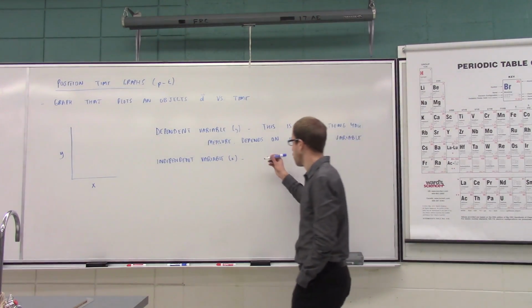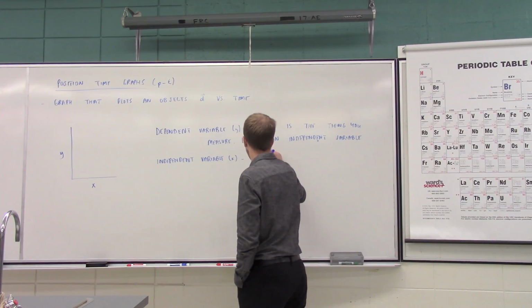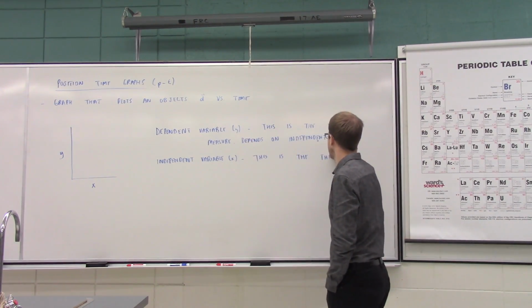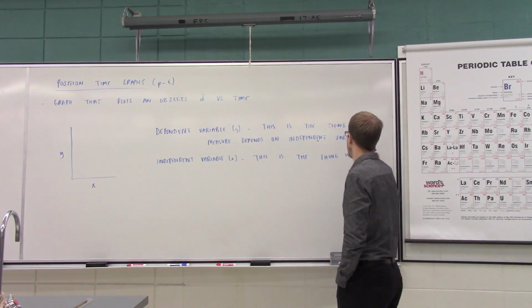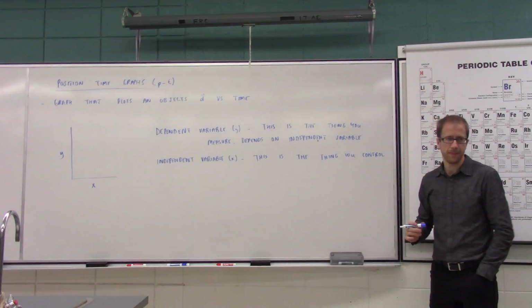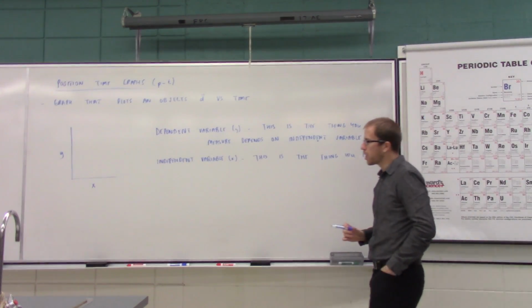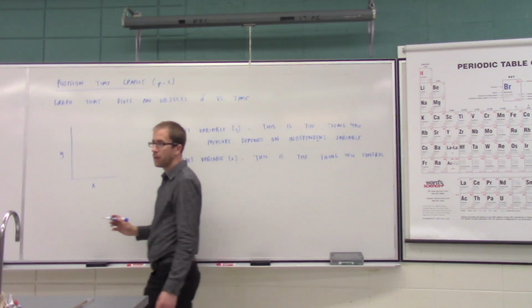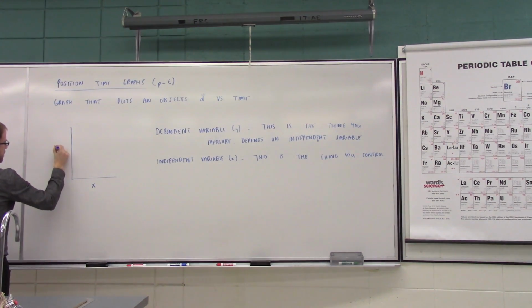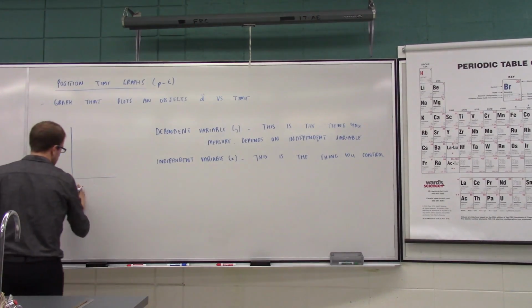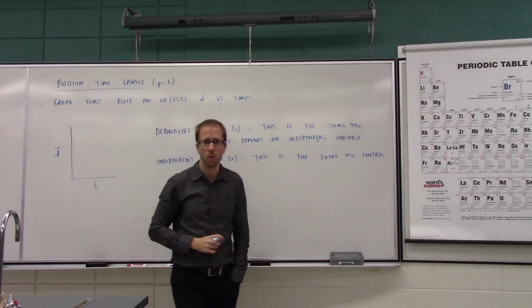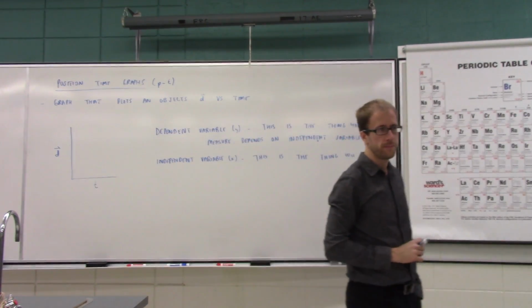So this is what you control. That's my non-sciencey way of saying it. So when we talk about a position time graph, your y variable will be represented by your position, and your x variable, your independent variable, will be represented by your time.